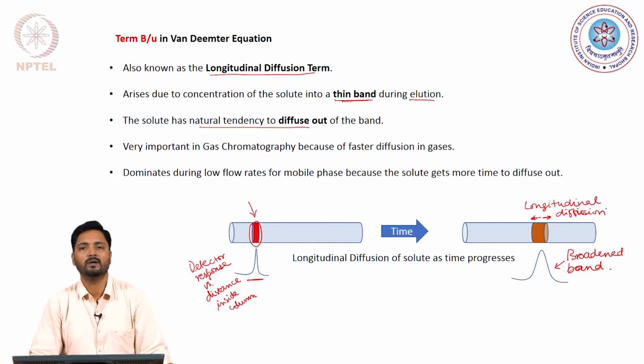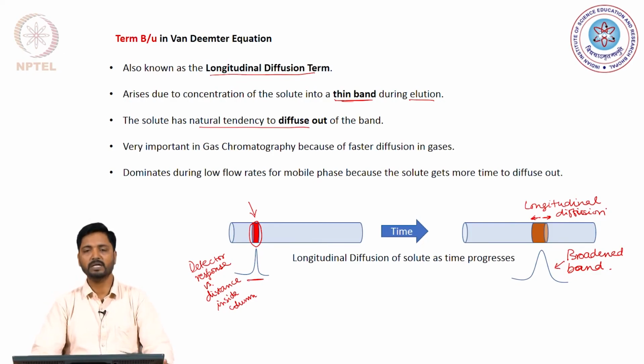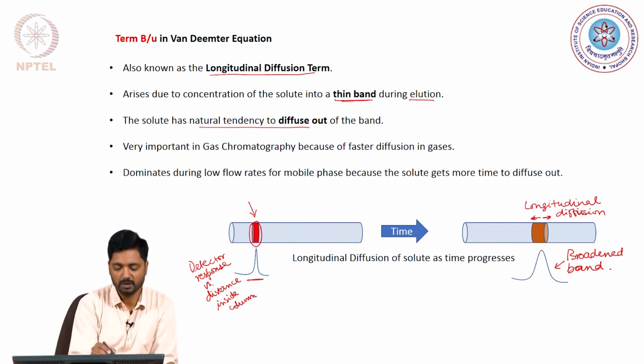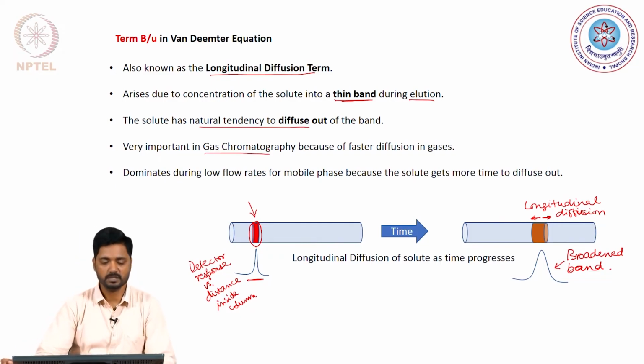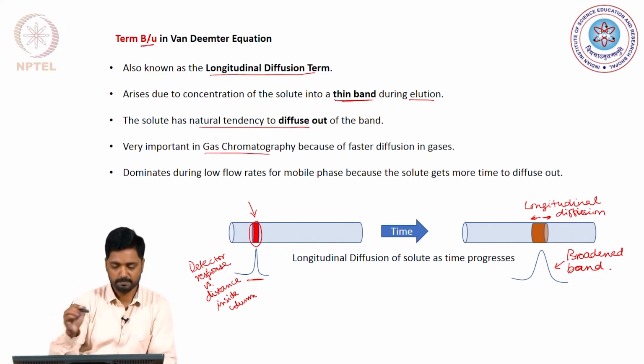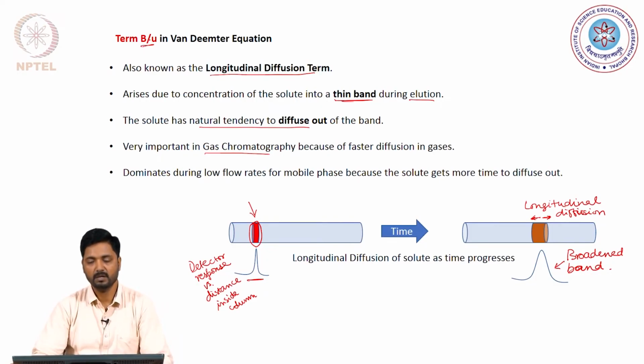Now, as we can think about it, the longitudinal diffusion term is definitely much smaller when we are talking about liquid phase chromatography. However, when we are talking about gas chromatography, this B by u term, or the longitudinal diffusion term, becomes a very dominant term in dictating the plate height arising from this column.